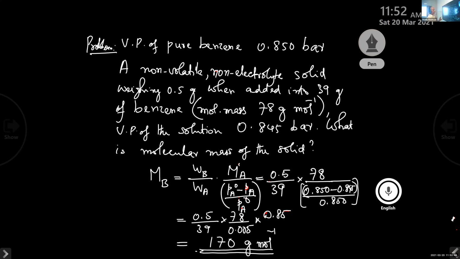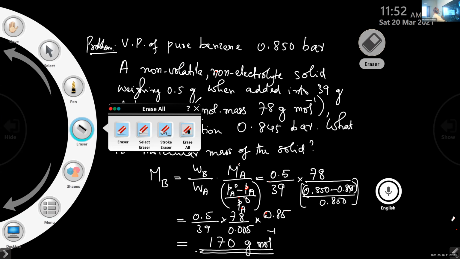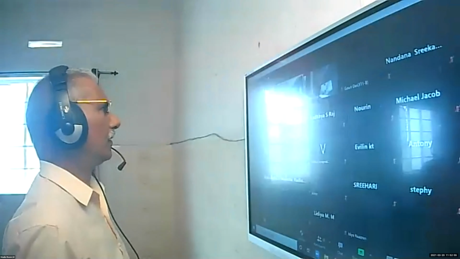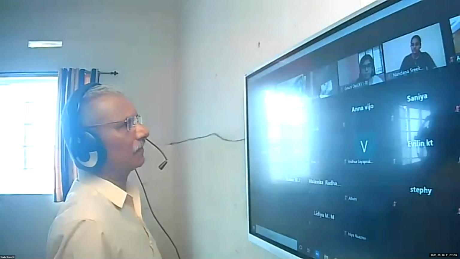So here we have to remember 2 points. One is Raoult's law for non-volatile solutes. Second one is the equation for molar mass from relative lowering.